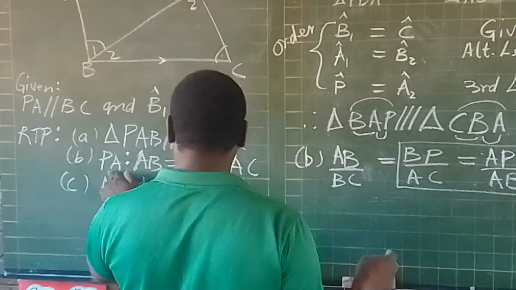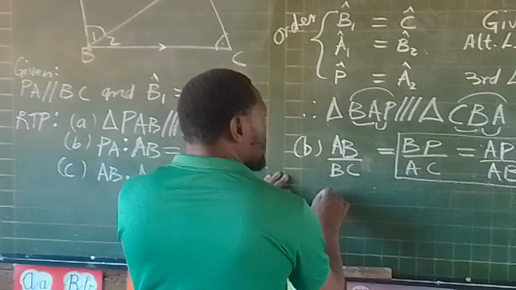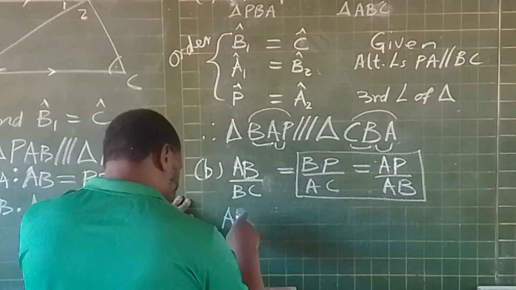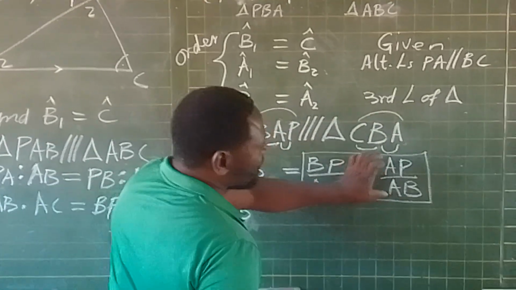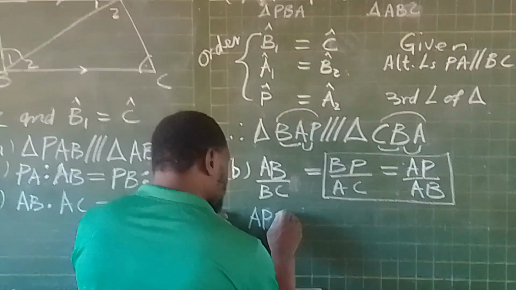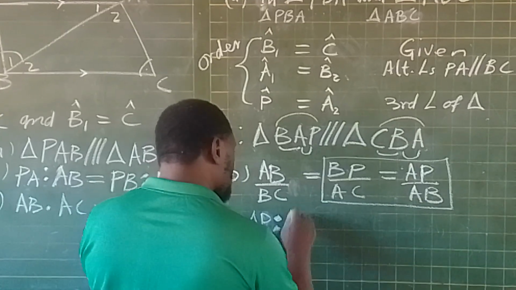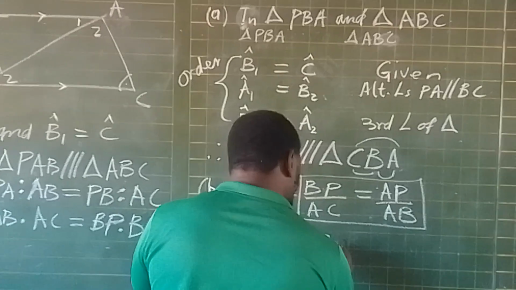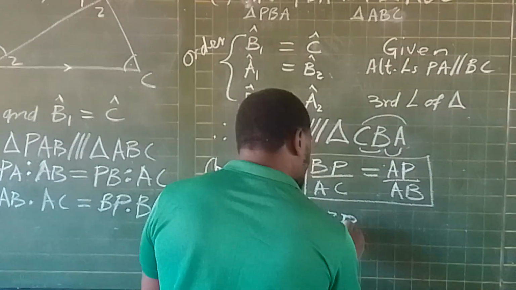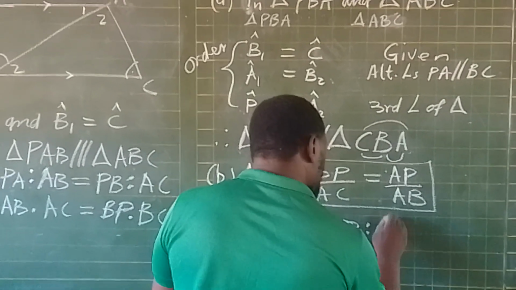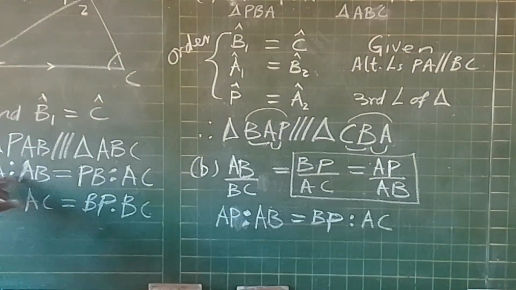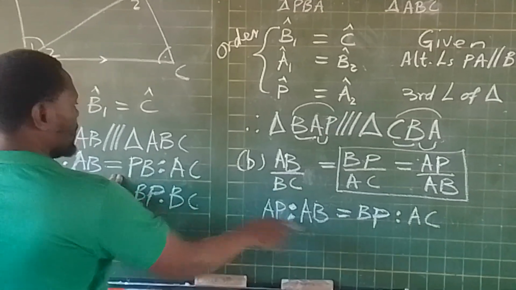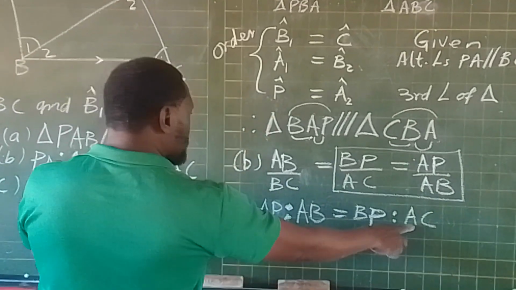AP is the same as PA, it does not matter. This division means semicolon. AB is equal to BP semicolon AC. You see, PA semicolon AB is equal to PB semicolon AC.